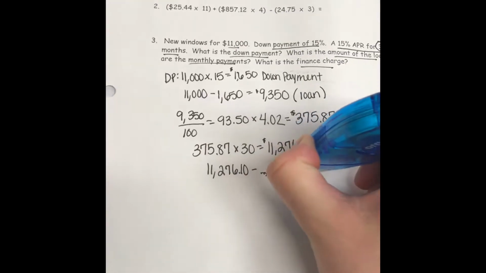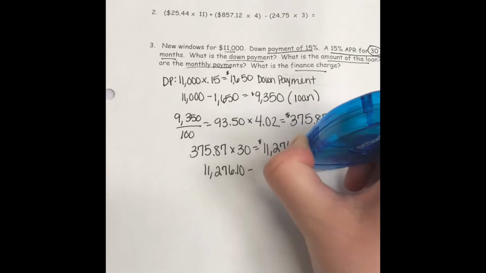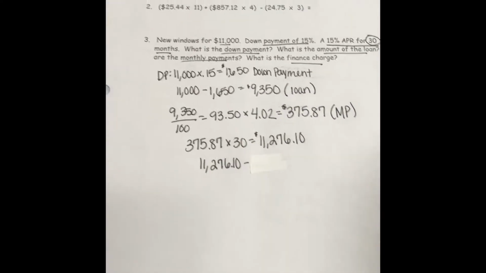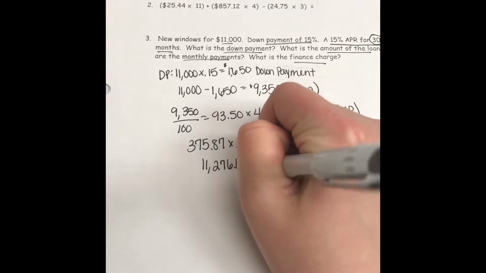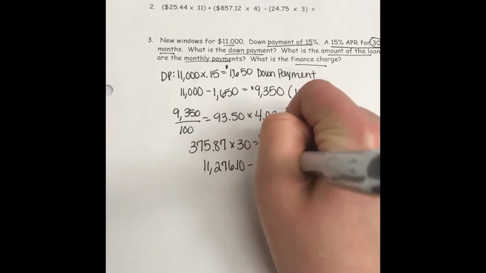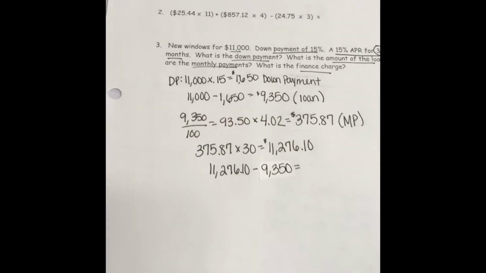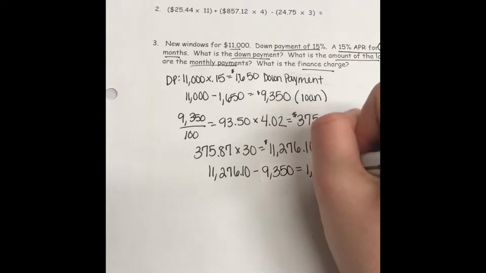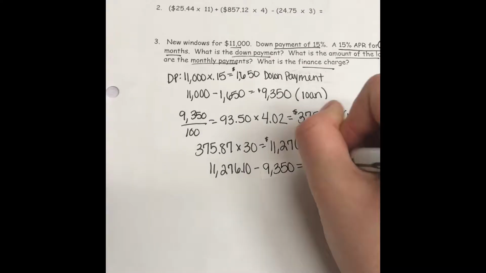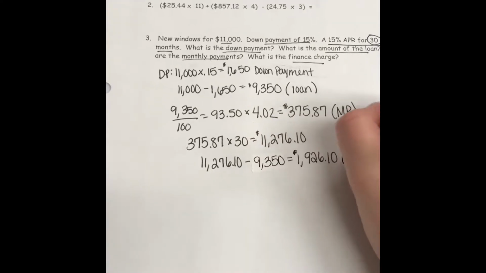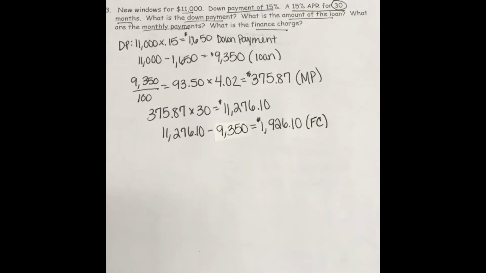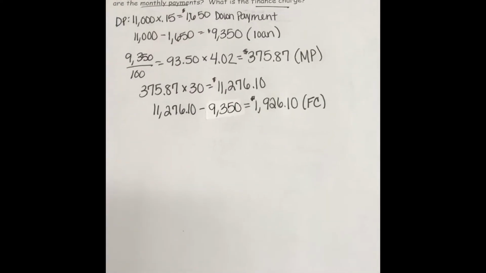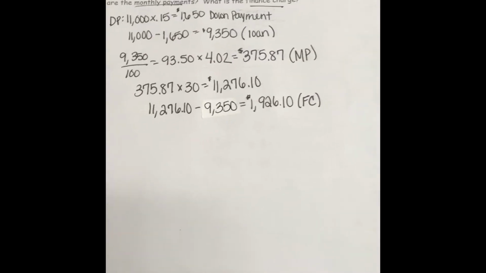And the reason why we're going to subtract out the $9,350 is because that's what we're actually borrowing. So $1,926.10. It's my finance charge. So this one was a lot, which is why I definitely wanted to take a second to go over it with you.